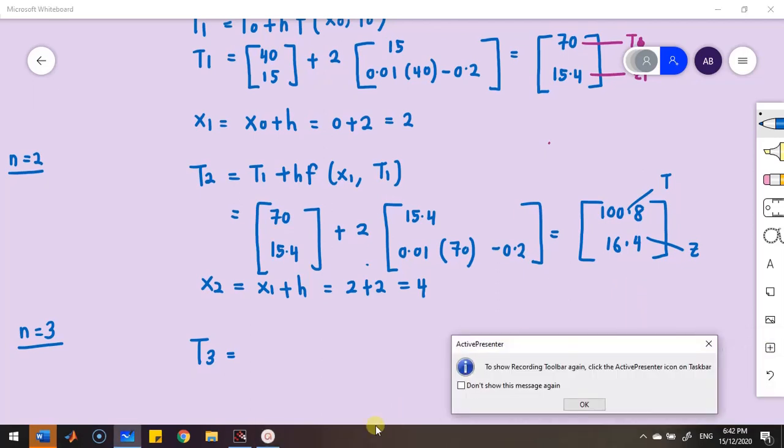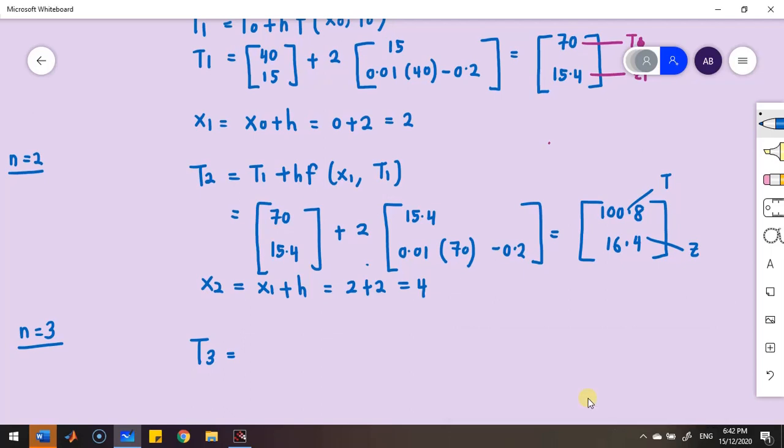So what is T3? T3 is equal to T2 plus h f of x2, T2.